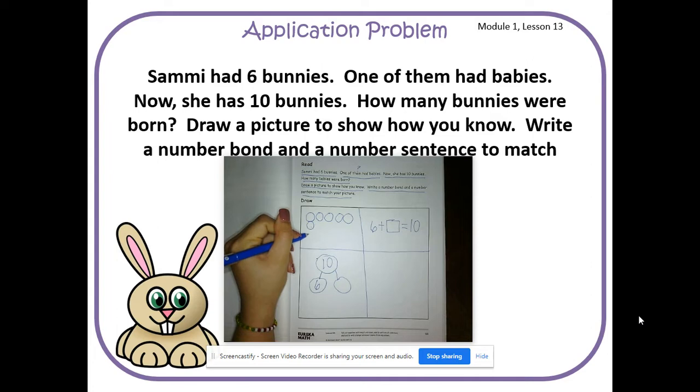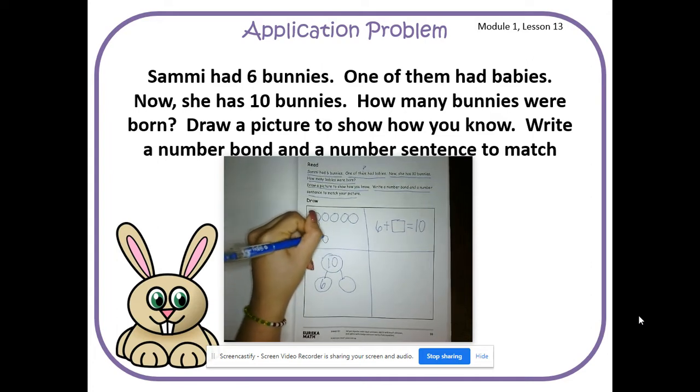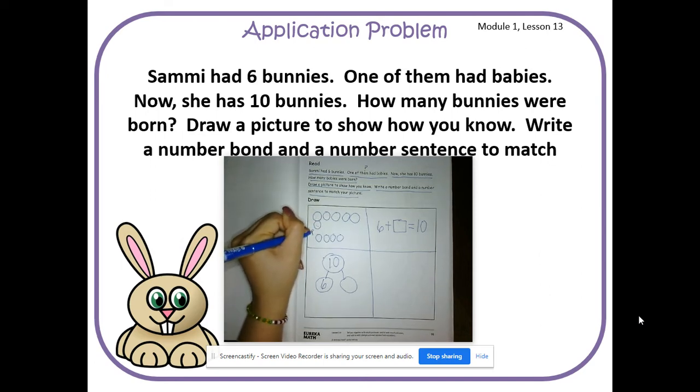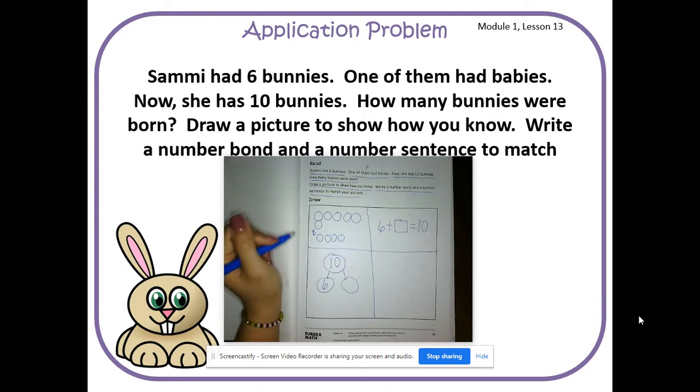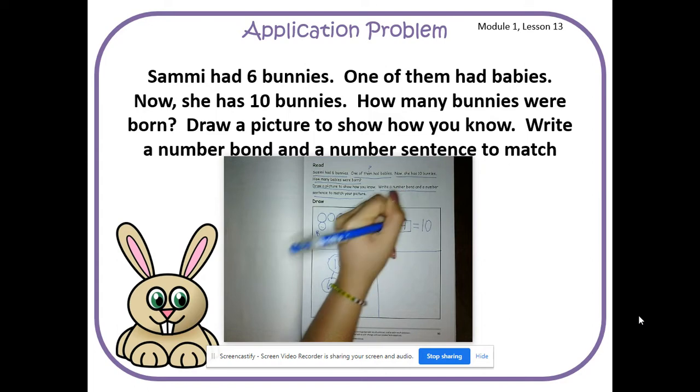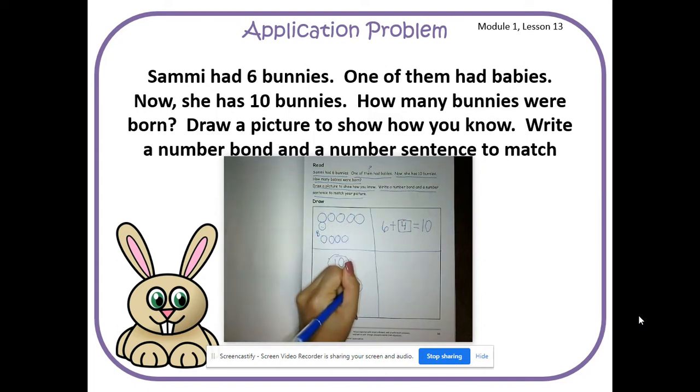So count with me. 6, 7, 8, 9, 10. I'm going to put a B for babies because these were the babies that were born. How many babies were born? Get ready. 4. So 4 is our missing number, our mystery number, or unknown, boys and girls.